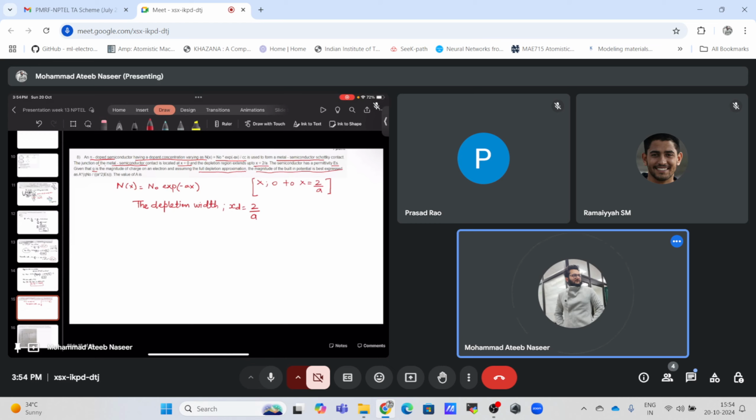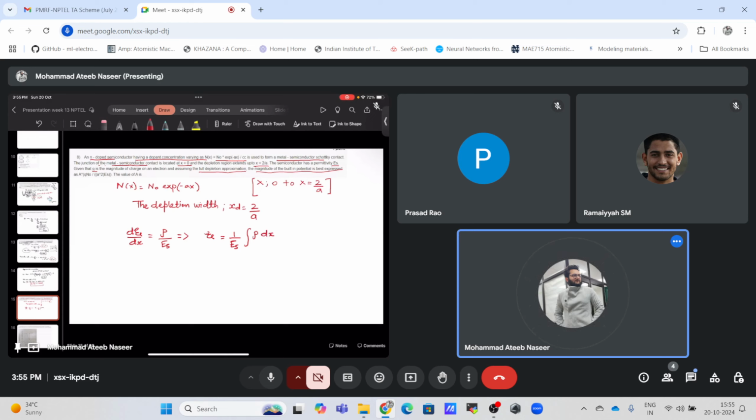Now let's solve for the field. dE by dx is simply rho by Es. Integrating, E is simply 1 by Es, the permittivity of this semiconductor, times the integral of rho dx.